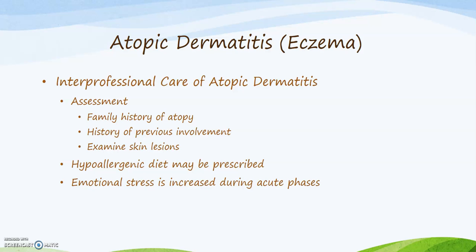An example could be the current coronavirus situation where children are having to be at home more, adjust to homeschooling and home activities, and maybe not interact as much with their friends. That's a huge change for the kids to adapt to, and so that could be a stressor for them that may cause their eczema to flare.